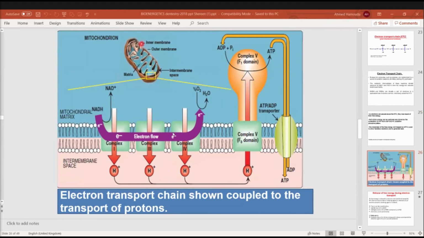So we are focusing here. Okay, so this is our inner membrane.